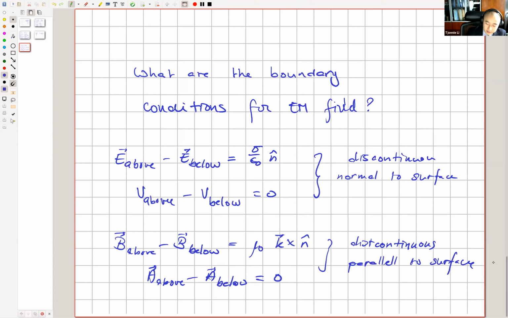I just want to give you a bit of reassurance that if you don't know how to at least derive this, let's take another look at this, but now from the perspective of our displacement field and the auxiliary field.